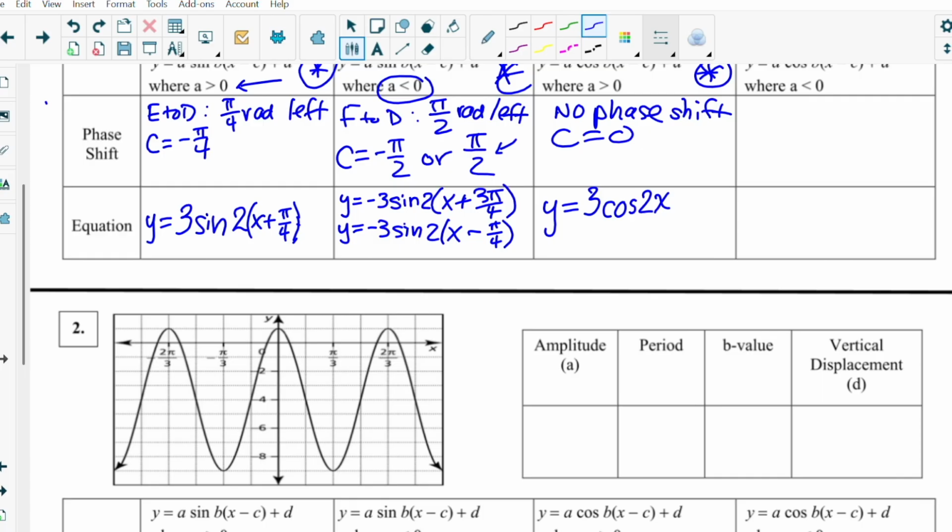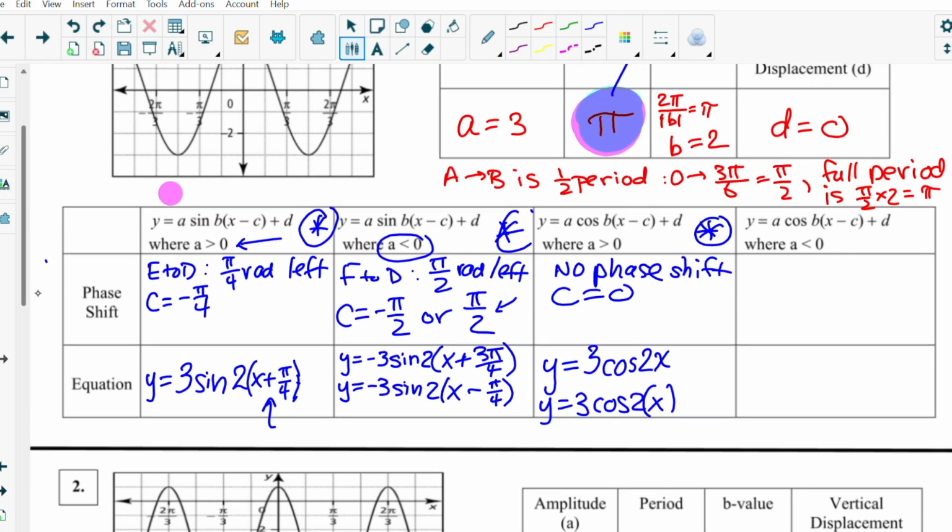This is what I'm doing, folks. When I rewrite it, y equals 3 cosine of 2 times x plus pi over 4, and then I need to shift it by pi over 4 to the right, which is minus pi over 4. That all becomes just this. And then we end up with the same thing.